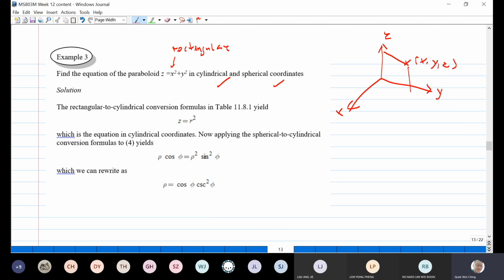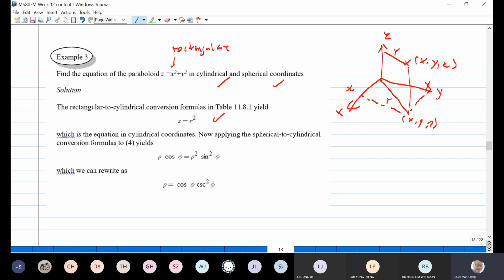So you can find that z equals r squared, where r squared equals x squared plus y squared. This one is quite easy.